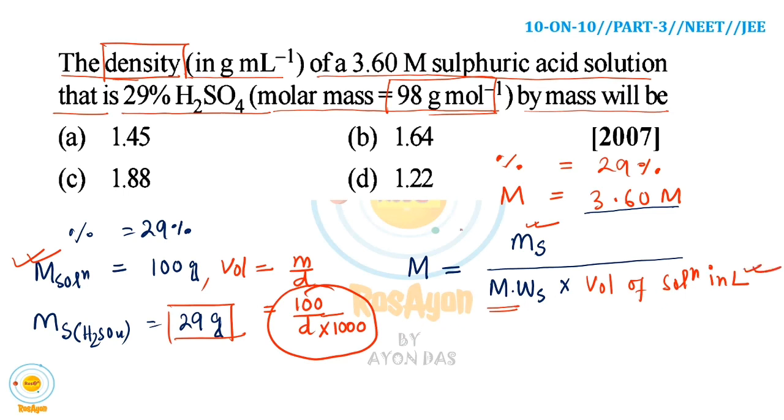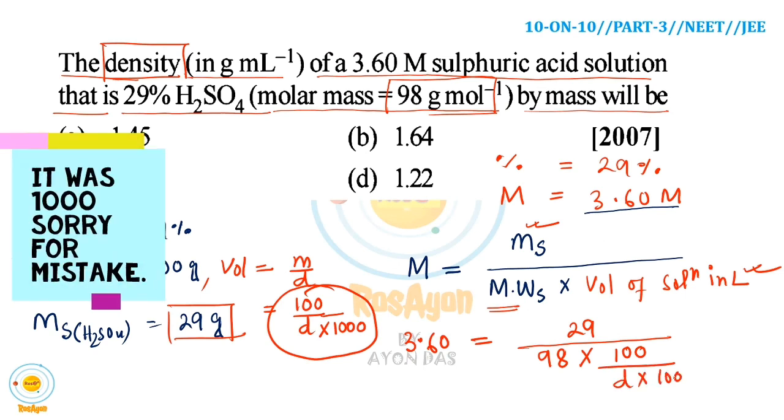Now if you put all the values, that is molarity M, that equals 3.60, equals mass of solute, means 29 gram, divided by molecular weight of the solute, 98, into volume of the solution in liter, that is equal to 100 divided by D into 1000.